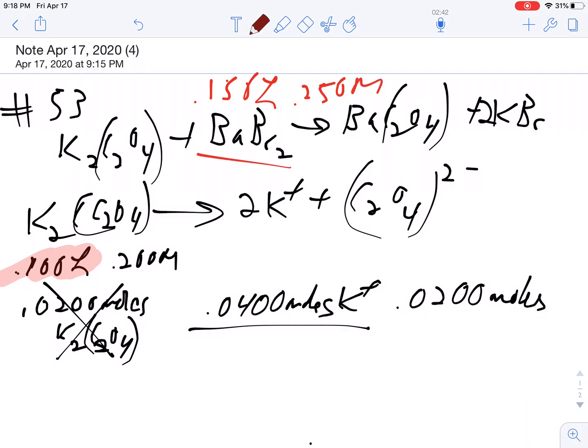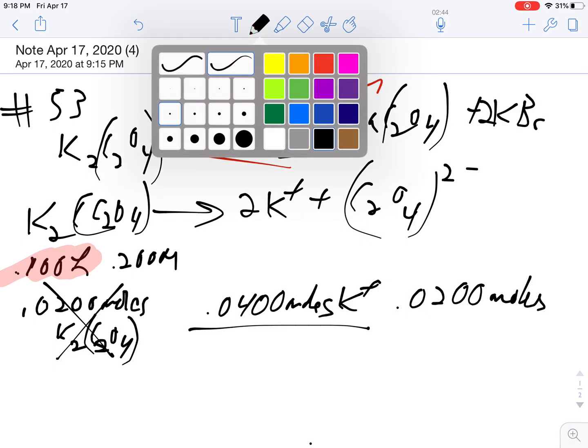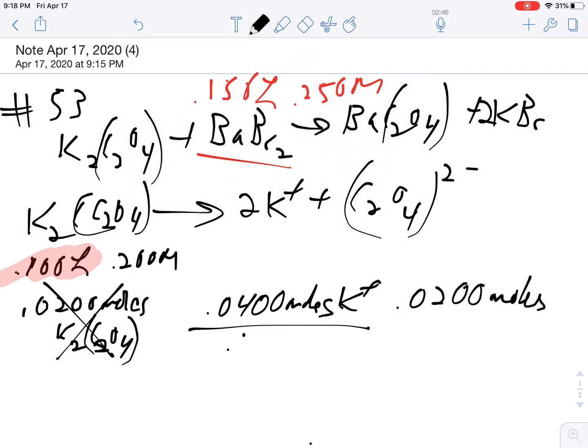So in total, my volume is going to be 0.250 liters when all said and done. So the concentration of the potassium will be 0.16 molar. Okay.